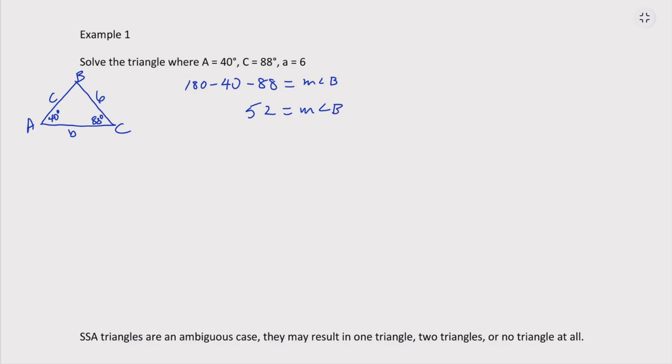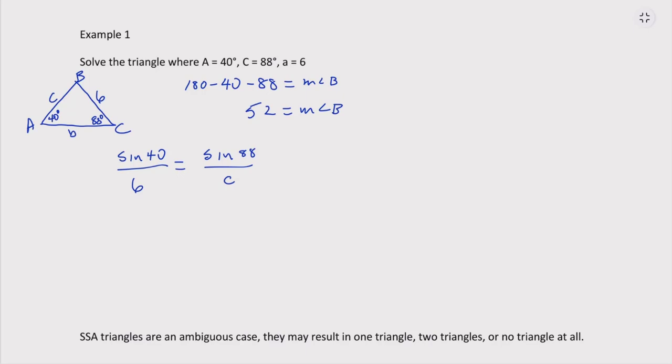Now let's find either side c or side b, and it doesn't matter which one, we've got to find them both. So we will do sine of A, which is 40 degrees, over side a, which is 6, equals sine of C, which is 88, over side c.